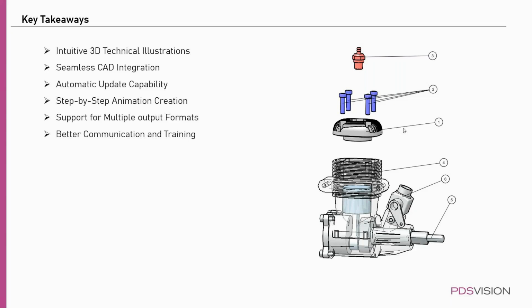We also spoke about associative linking to CAD models, ensuring the illustration stays updated and design changes get propagated into your Creo Illustrate. You can also easily build your service procedures and assembly and disassembly sequences for your downstream manufacturers or your customers.